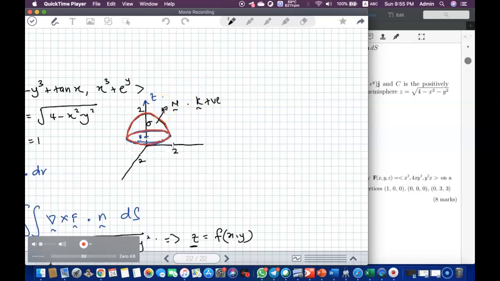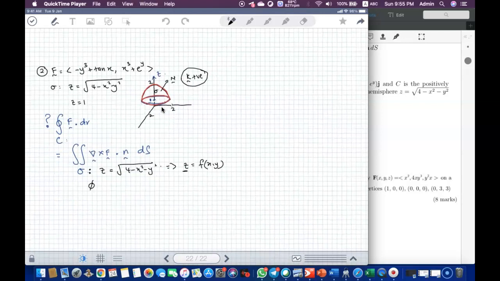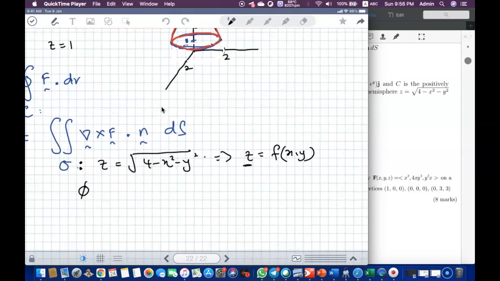So we want k to be positive. Now we want to obtain n. How can you obtain n? We have to evaluate the gradient of phi, but before that you have to have phi first: z minus square root of 4 minus x squared minus y squared.